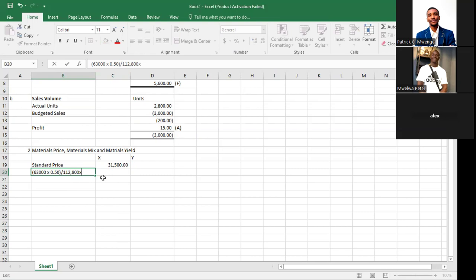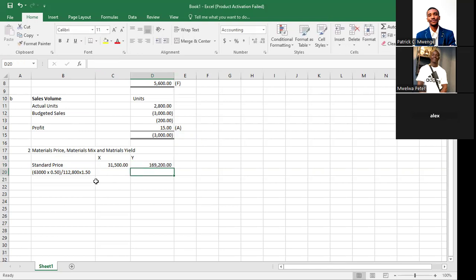Peter, 1.50. That's how much we could have spent had we followed the budget. So this is going to give us the standard price. It's 112,800, and then you multiply it by 1.50, like that.